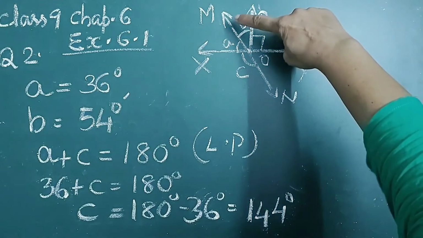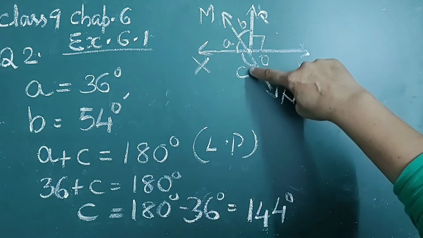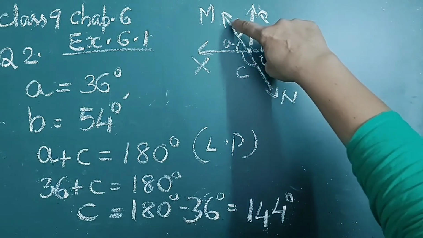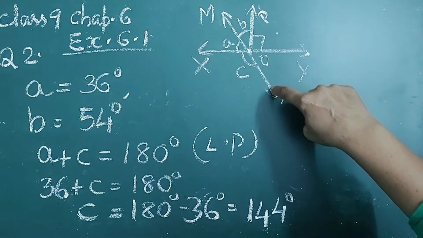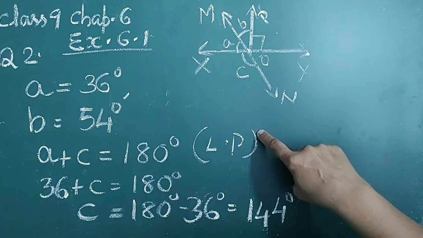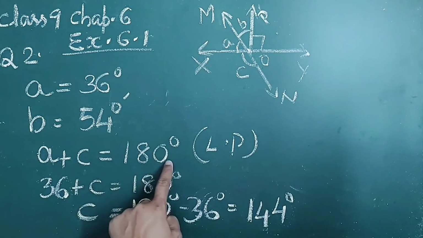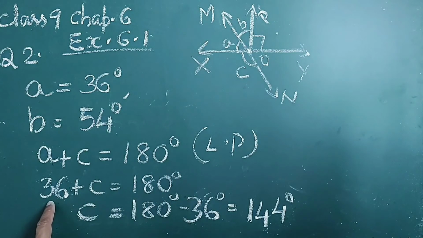In the figure, angle A and angle C are two angles on the same straight line and they form a linear pair of angles. Therefore, sum of linear pair of angles is 180 degree. So, A plus C equal to 180 degree. That is 36 plus C equal to 180 degree and C equal to 144 degree.